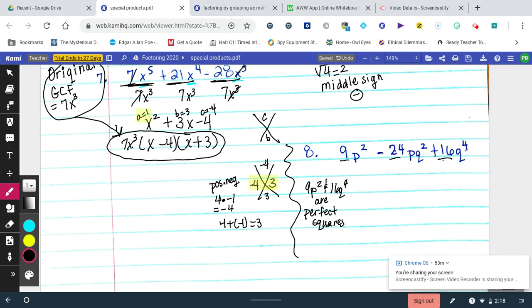And then for the middle term, if I check it, I take the square root of 9p squared, which is just 3p.